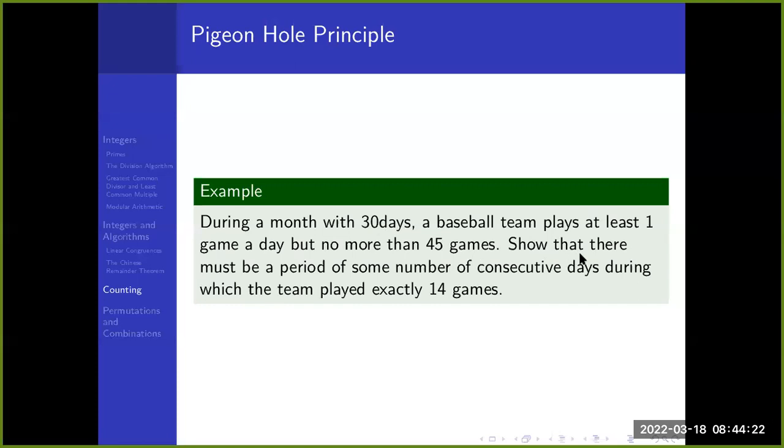So the question asks us to show that there must be a period of some number of consecutive days during which the team played exactly 14 games.